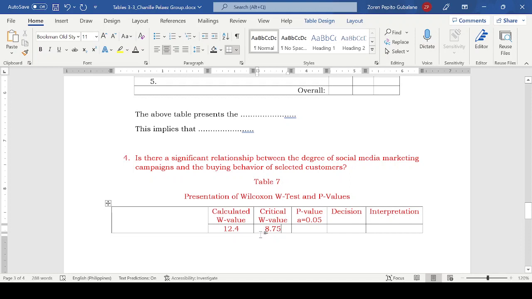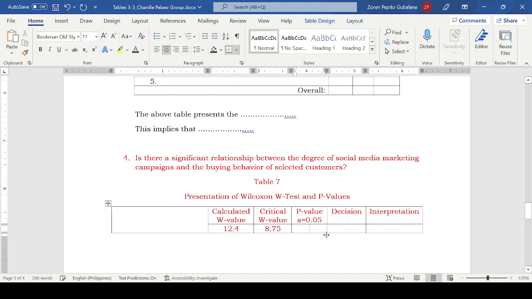These are already standard, pre-calculated values. So critical values and the p-value, which has an alpha or reference of 0.05 or 5%. This is also referring to the 5% margin of error.